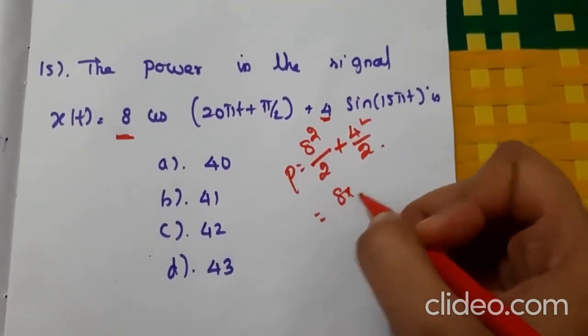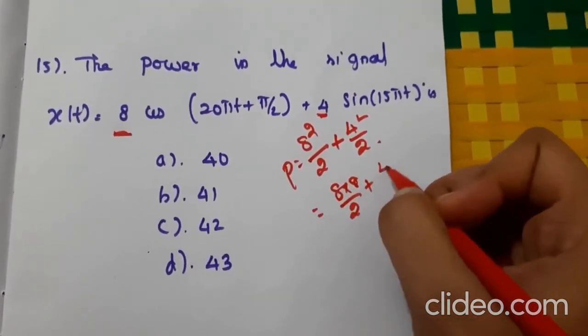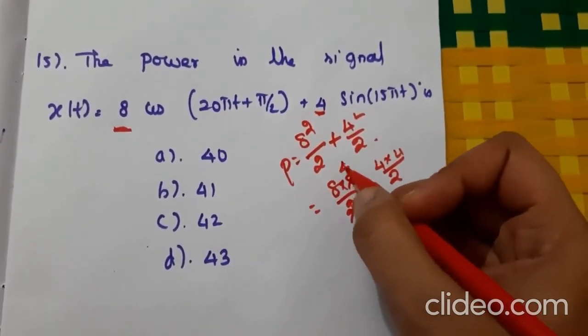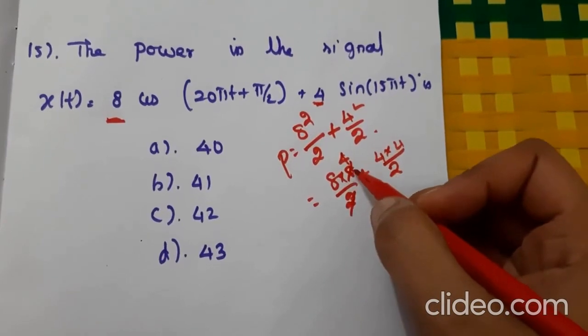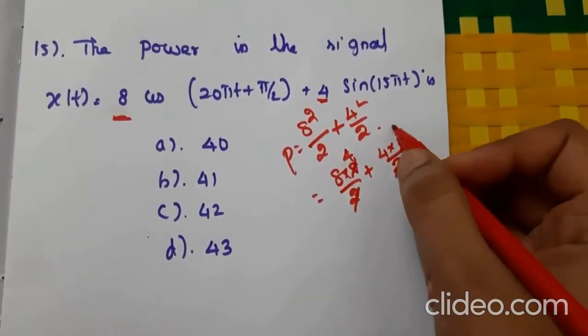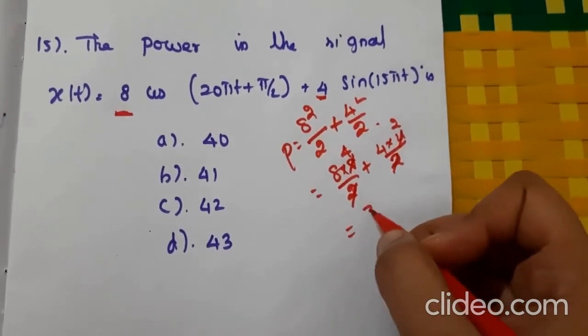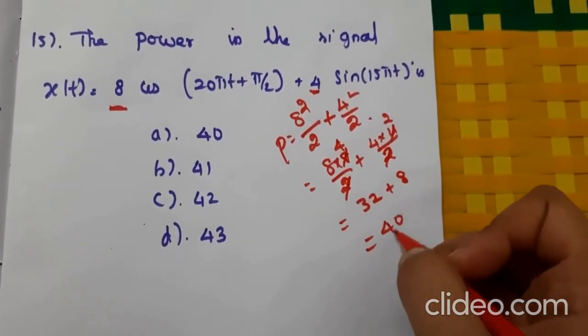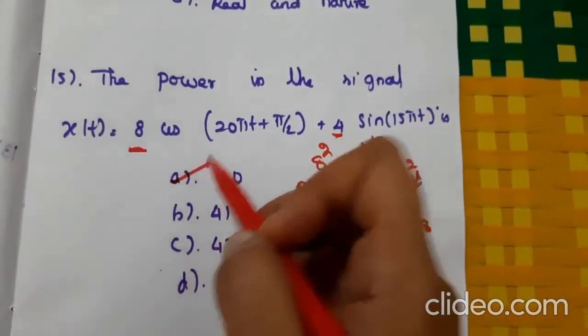So 8 into 8 divided by 2 plus 4 into 4 divided by 2. 8 cancelled and 4 the answer, and 2 4 cancelled 2 the answer. So the answer is 32 plus 8. This is 40. So here the answer is A, 40.